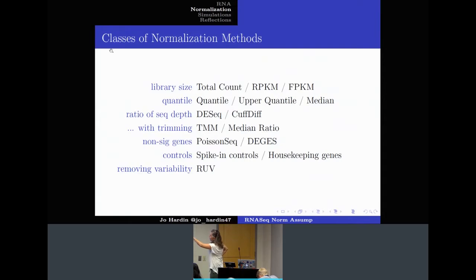Yeah, see, the quantile, upper quantile, and median are all slight deviations because they all use a different reference sample or this or that or the other thing. That second row there is all trying to say, oh, the quantile is sort of better than the median for this reason or that reason, and I think it depends on what proportion of genes are upregulated.